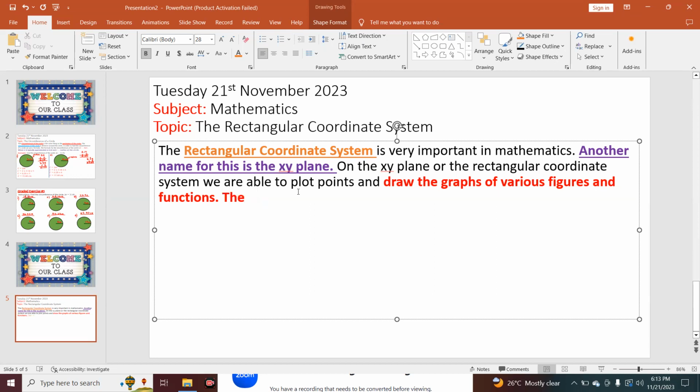The rectangular coordinate system, another name also is the Cartesian plane. That's another name too.